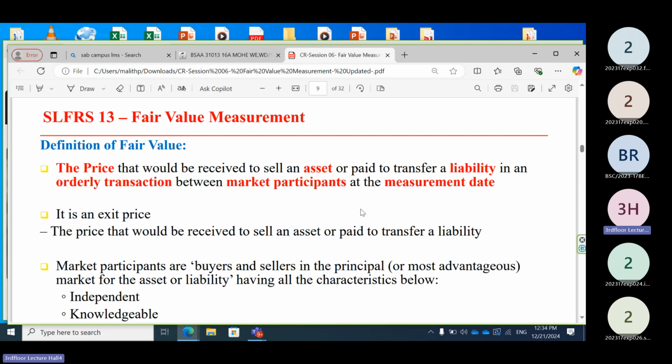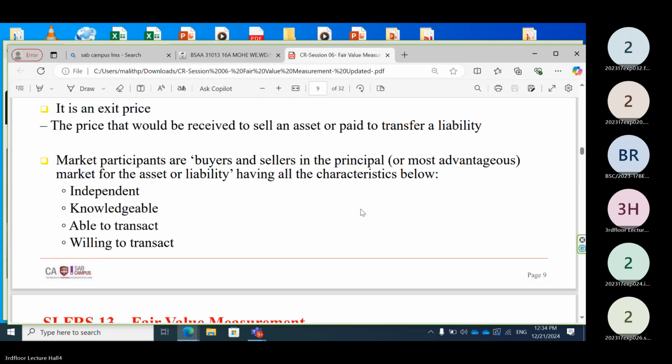Once you are selecting the market participant, we know it's the buyer and seller. That's easy. The buyer and seller should be independent and knowledgeable parties, with the capability to do the transaction and be willing to do the transaction. We had a detailed discussion about each and every aspect.